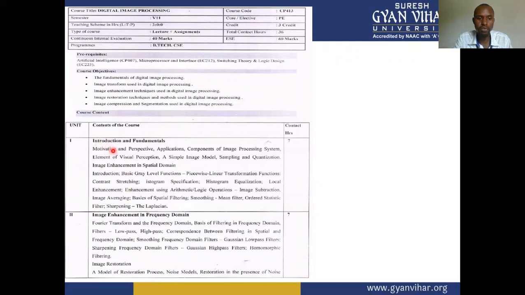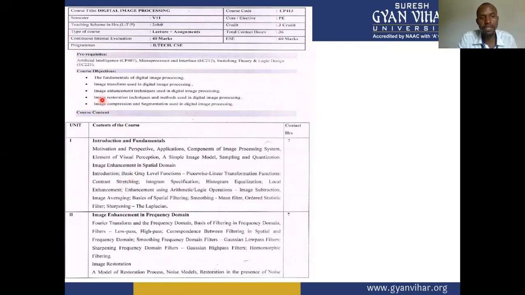You can see we'll be covering various aspects such as motivation and perspective, and the application components of image processing. We'll also be looking at different enhancement techniques such as the spatial domain, as well as other concepts such as image subtraction, filtering, and different filters. So these are the introduction as well as the fundamentals.